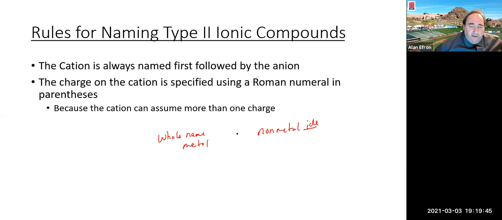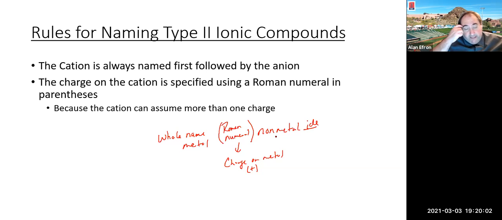And the one thing that you need to do with our type 2 is include that Roman numeral, which again is the charge on the metal, and that obviously is the positive charge that's on the metal. Just like before, positive guy first, negative guy second, both name and formula when we do it.